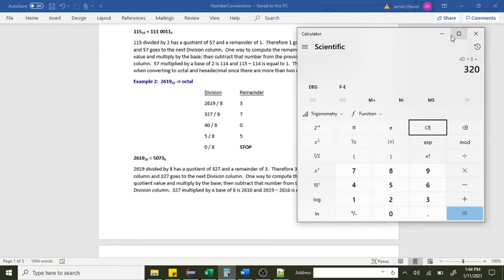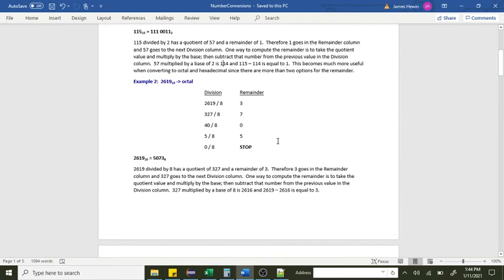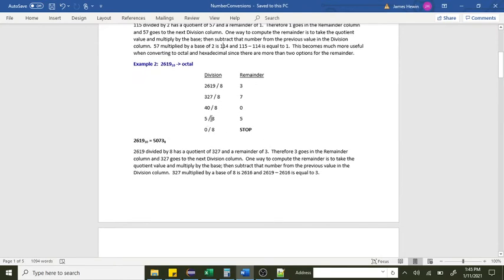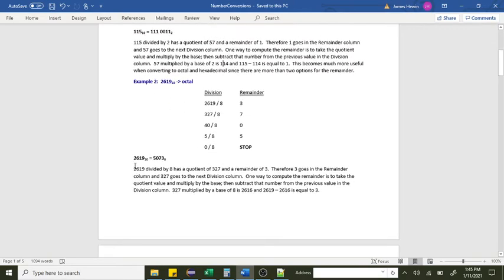So that's a remainder of 7. And again, once you reach 0, that's when you stop. And so 2619 base 10 is going to be 5073 base 8. And again, you can check this.